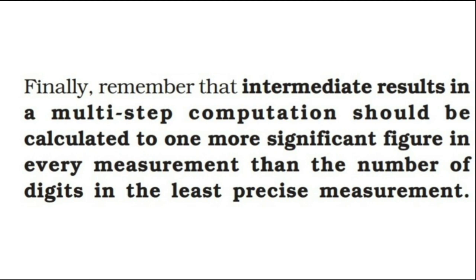So when you have intermediate steps, 2 or 3 steps may be there, multiplication, division, you cannot do it at a stretch. First you will do the multiplication among 2. After such intermediate computation, you have to retain plus 1. That means in the final answer, if you expect 3 significant figures, in the intermediate computations you have to retain 4 significant figures.